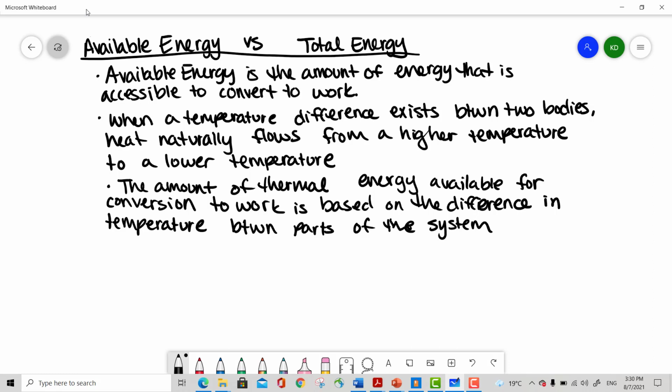They're both at the same temperature, there are no transfers there.